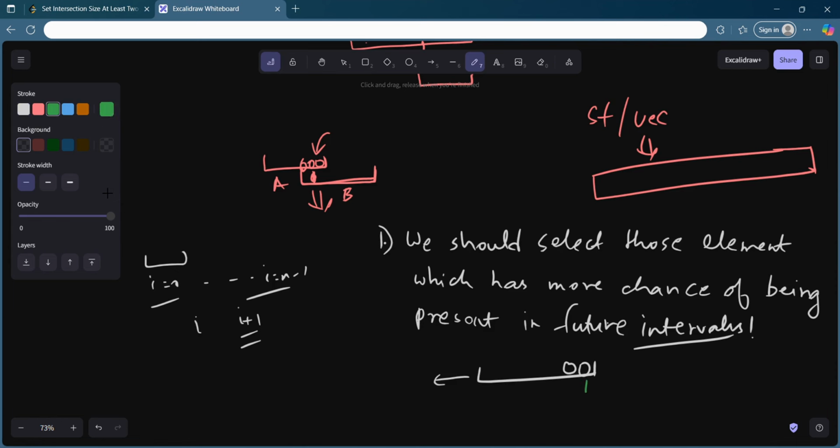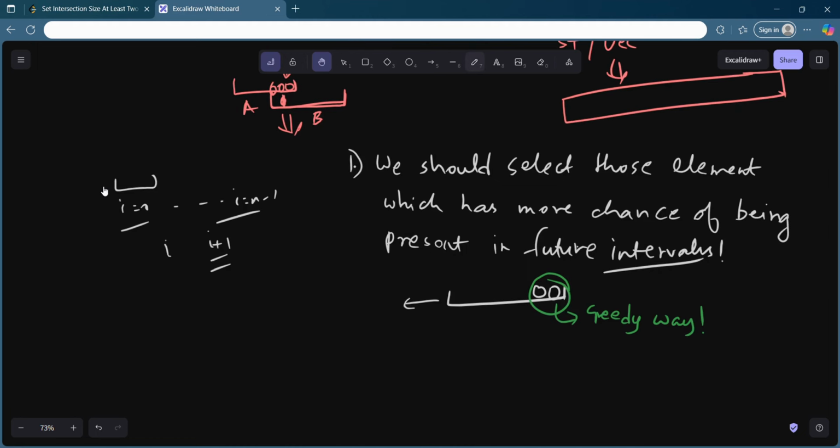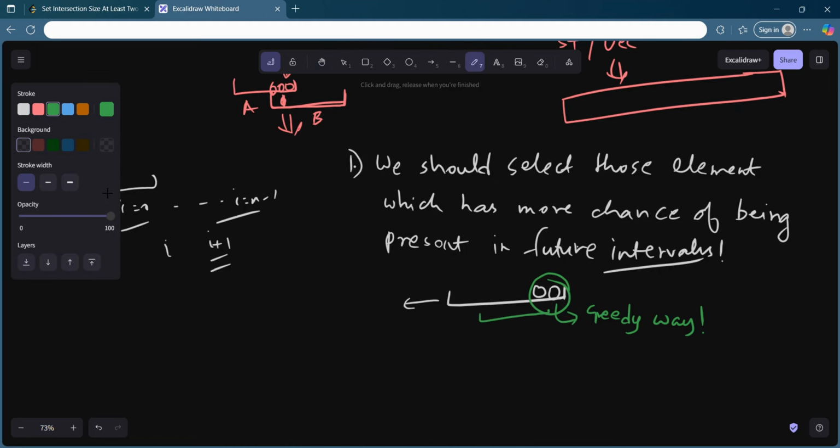If I think in a greedy way, I will try to select the last 2 elements, so that after this, if there are intervals like these, those elements should be able to cover those intervals also.